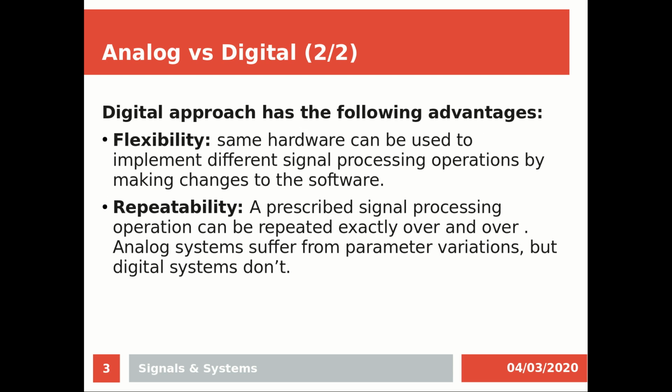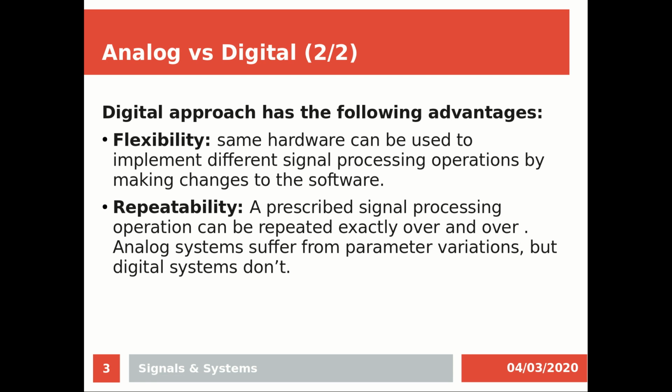However, there are two advantages for the digital approach. The first advantage is flexibility. We use hardware that, if you give it one operation, you expect it to give you outputs depending on that operation.